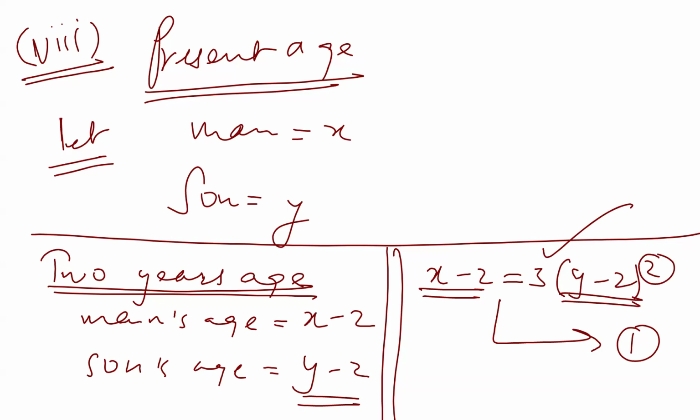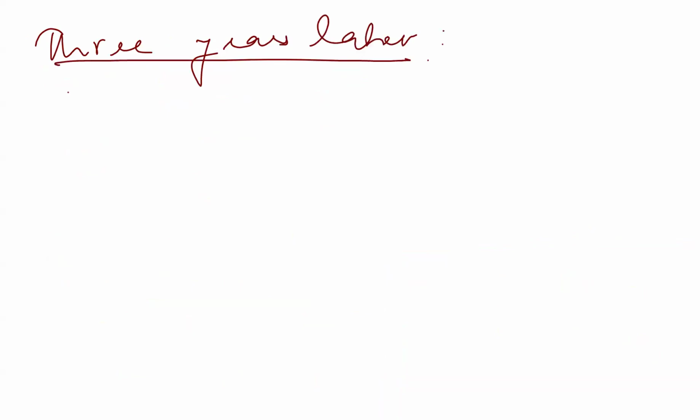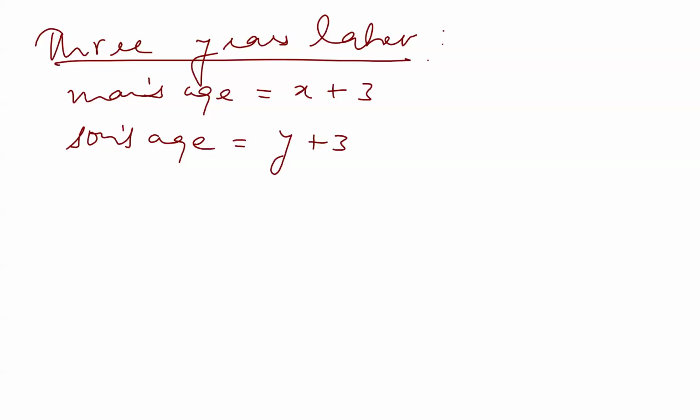Now second scenario, 3 years later. Man's age: his current age is x, so after 3 years, the age will be x plus 3. Son's age, y plus 3.